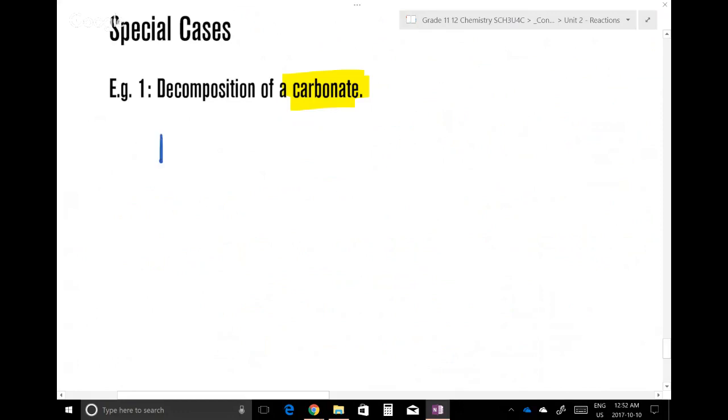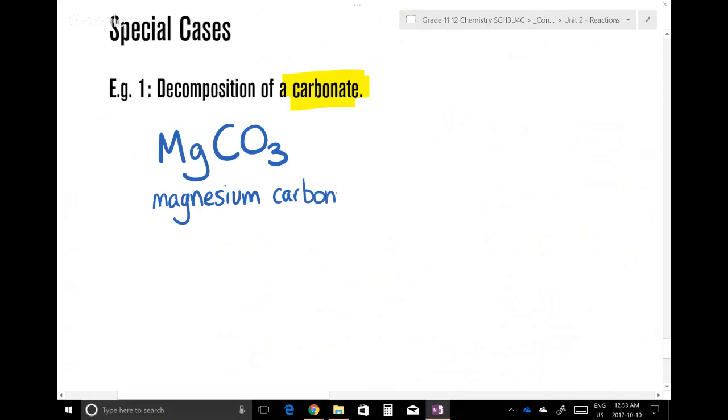Let's say magnesium carbonate. So Mg, that of course takes a charge of 2 plus. The carbonate ion takes a charge of 2 minus. So that is happy just like that. And I should have written them a little closer to each other. So like that. So that is magnesium carbonate. And again, I could pick any example I want here. Well, if this is going to break down, do you have any guess what might be released?